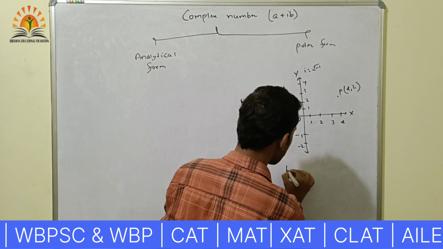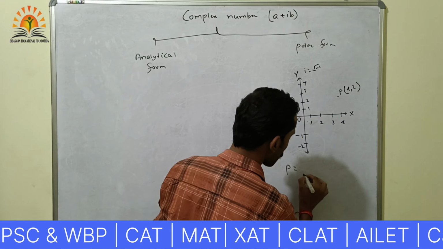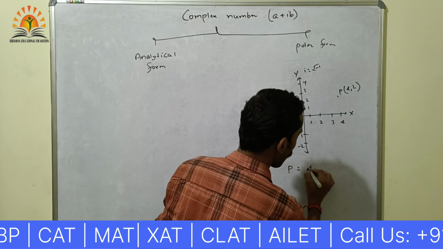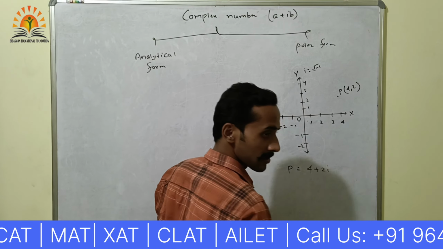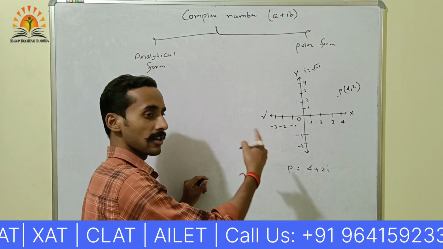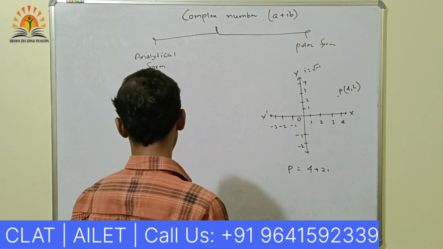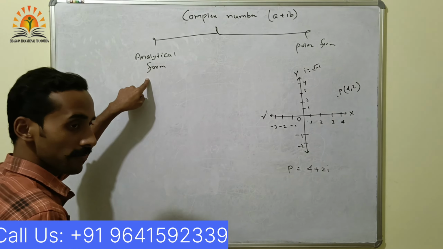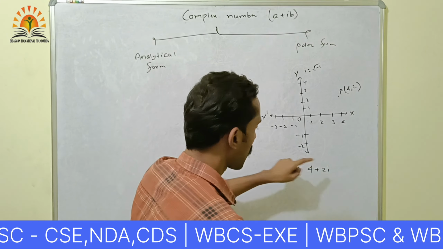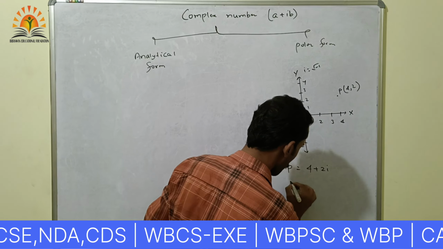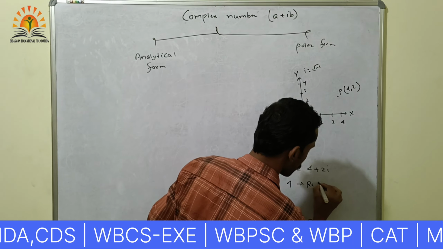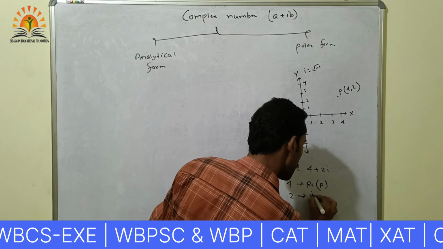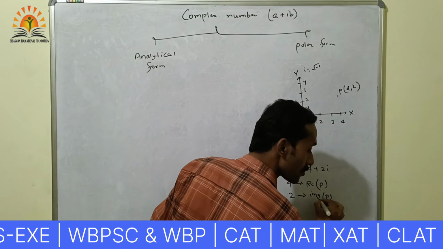Then we can write this number in two ways. We can write it as 4 plus 2 iota. This is known as analytical form. 4 plus 2 iota means here 4 denotes the real part of P and 2 denotes the imaginary part of P. Understood?